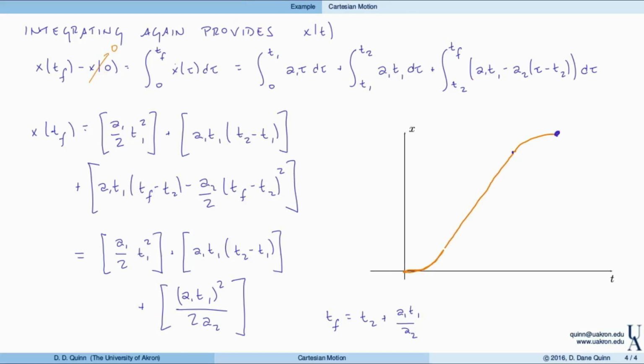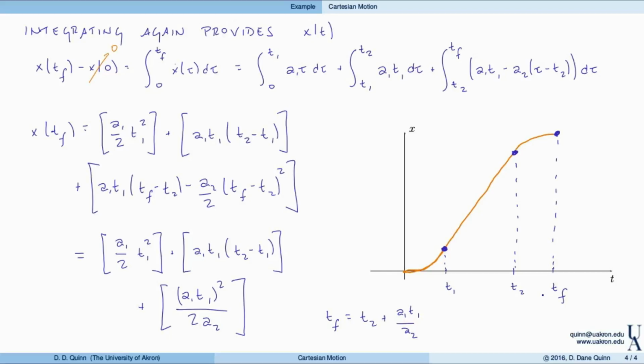So I can identify these points as t1, t2, and then t final. So again, the motion is quadratic in time during that initial interval, we have uniform motion, so constant speed, and then we have quadratic in time over the final interval, coming to rest at t final.